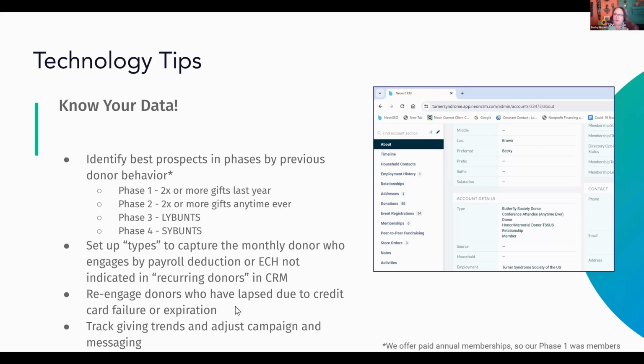Anytime you can transfer somebody from a credit card to an ECH electronic draft, it's always better because you don't have lapsed donations because somebody's card expired.